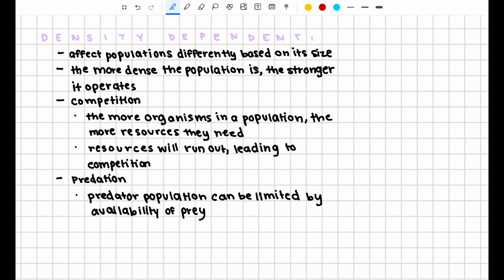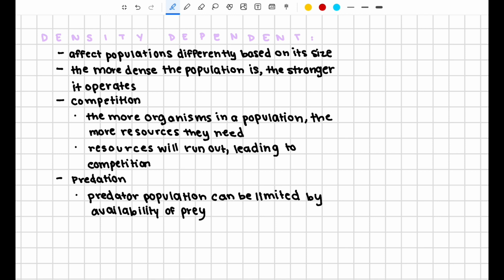Whereas if we talk about a solitary animal, or some small scattered populations, they would have a lot more chance of survival if the prey is limited, because they only have to fend for themselves.